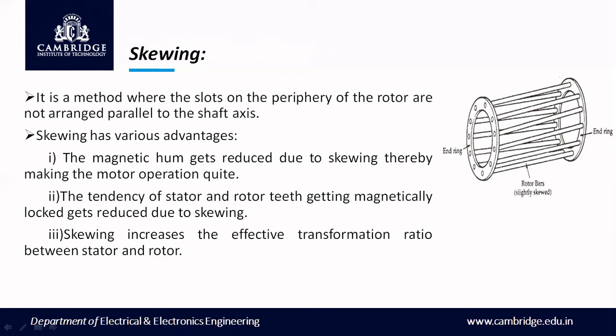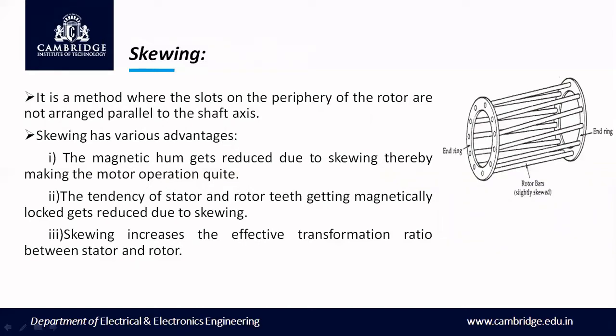Instead they will be slightly skewed, at some angle. You can see here, these are the skewed slots. If I have a shaft exactly horizontal, the rotor bars are placed slightly skewed, not exactly parallel. This method is known as skewing.